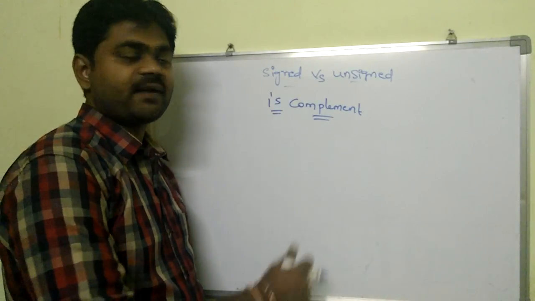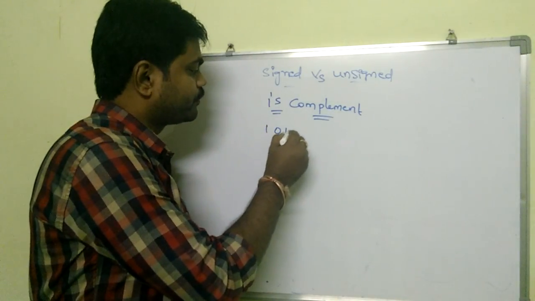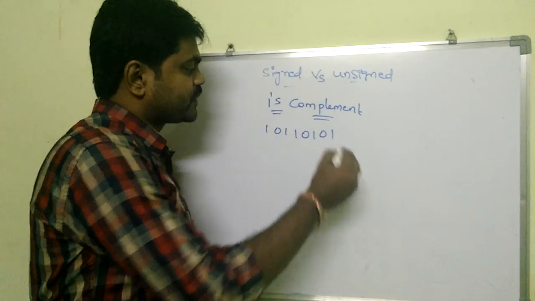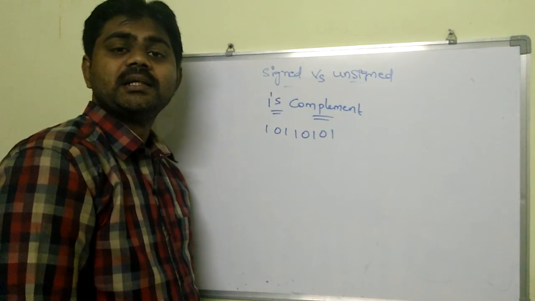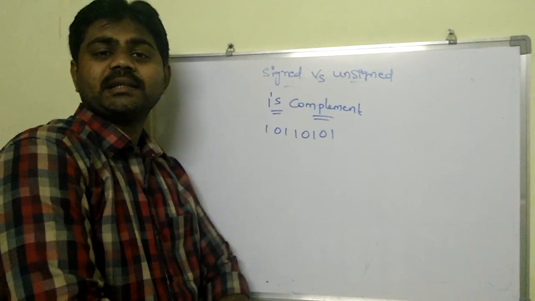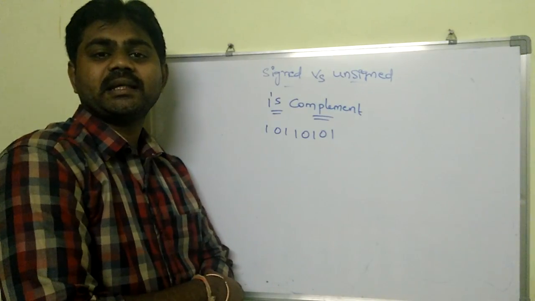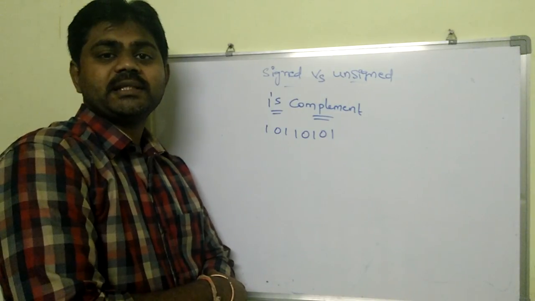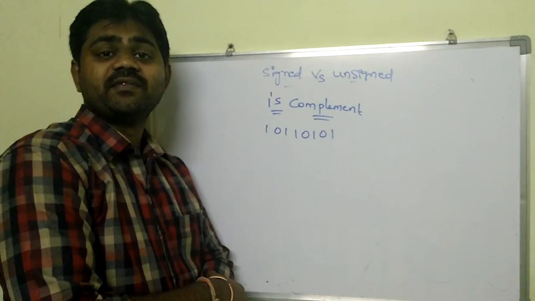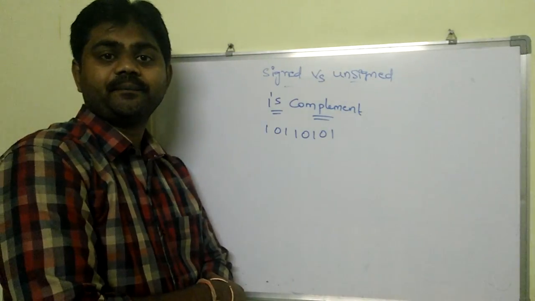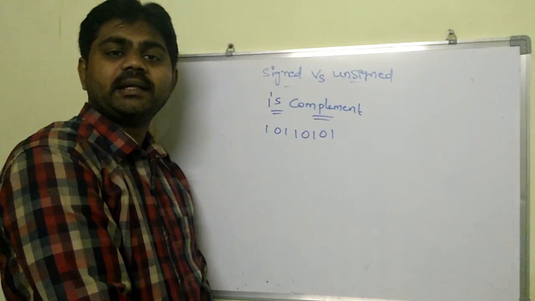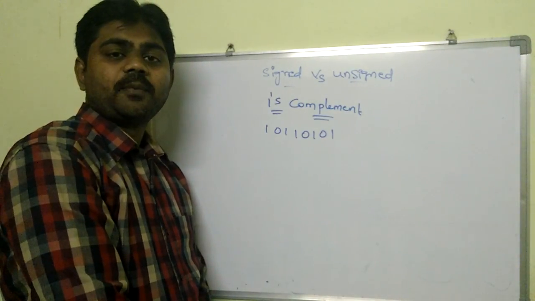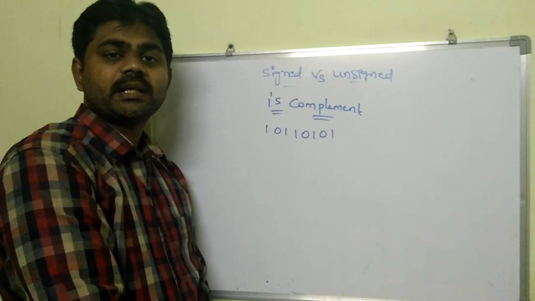For example, if I have a binary number like this, 10110101. 1's complement is nothing but a NOT operator, or we can also use an inverter gate. So here, after applying 1's complement, it's exactly opposite. 1 becomes 0 and 0 becomes 1.